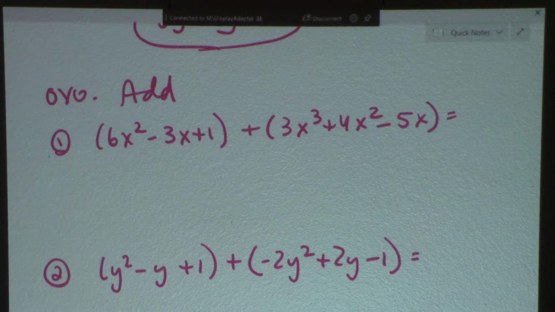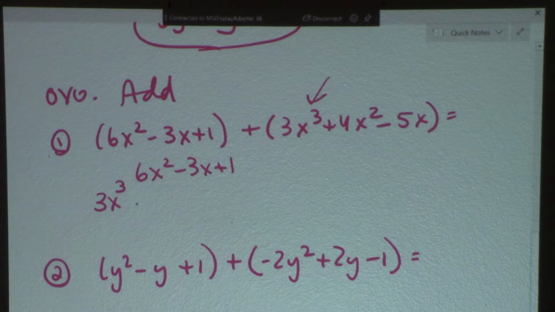Okay, so I'm going to rewrite this. Now here I've got 6x squared minus 3x plus 1. And in this one I have x cubed, so that's going to start out here. And then if I leave this to the left enough, I've got room to put my 4x squared term there.